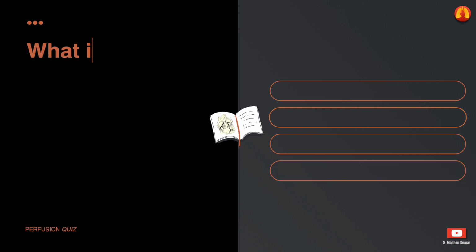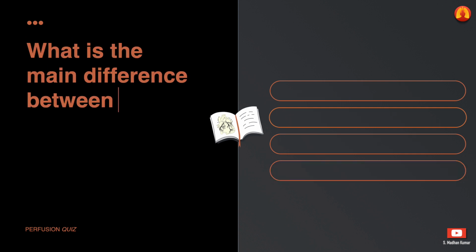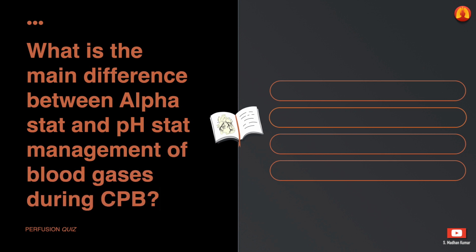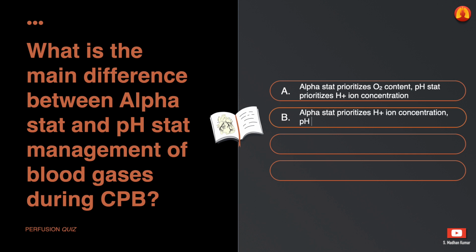What is the main difference between alpha-stat and pH-stat management of blood gases during CPB? A. Alpha-stat prioritizes O2 content, pH-stat prioritizes hydrogen ion concentration. B. Alpha-stat prioritizes hydrogen ion concentration, pH-stat prioritizes O2 content.